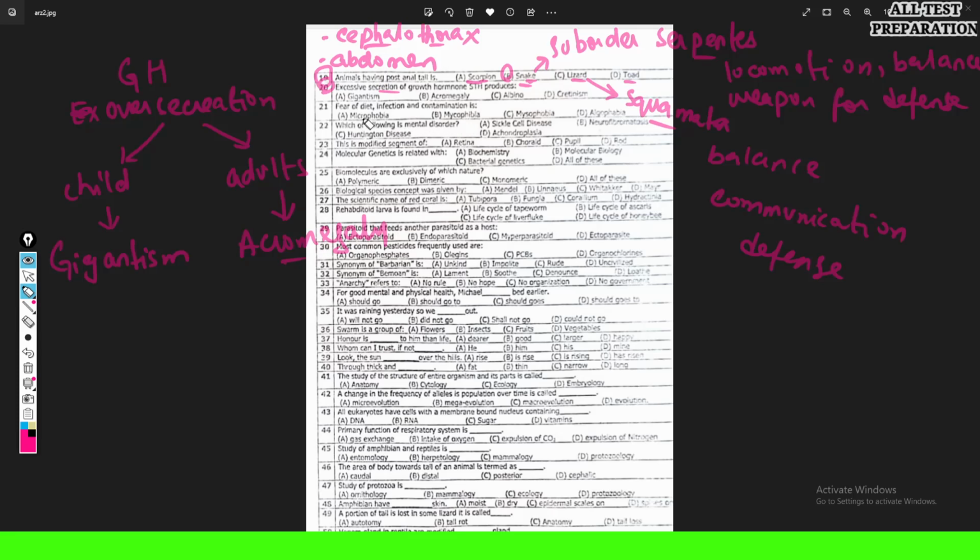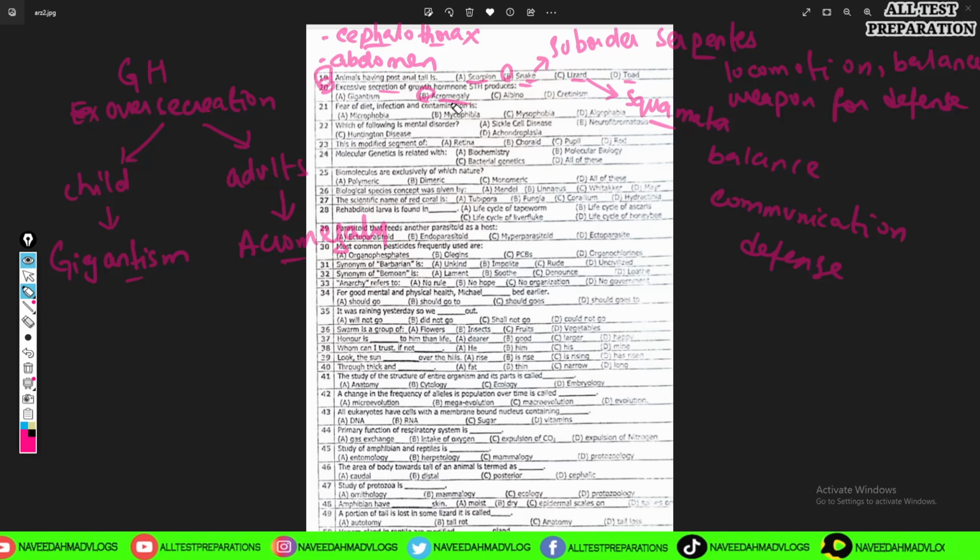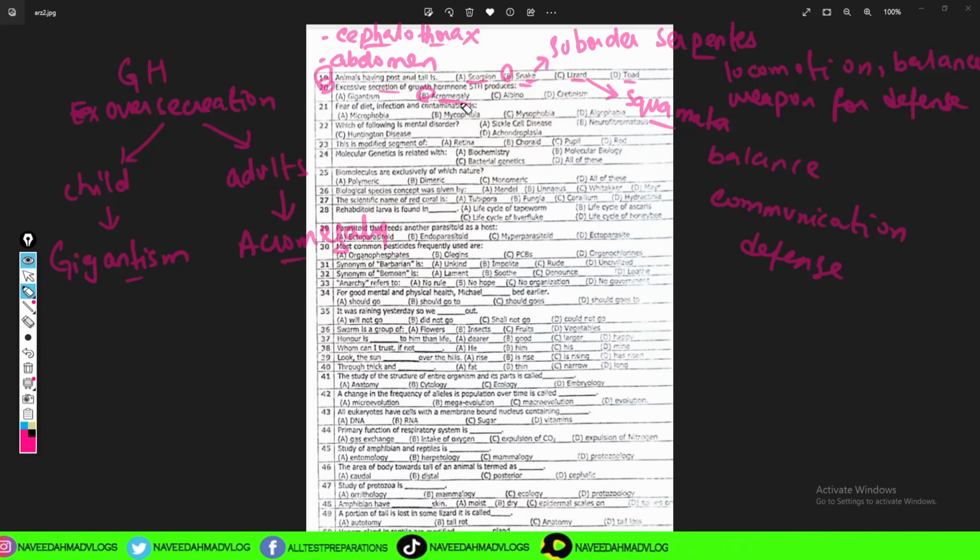But both of the options are given in this question, that gigantism is also present, while acromegaly is also present. So I think option B is the correct option, acromegaly, that excessive secretion of growth hormone STH produces acromegaly, because this is the adult case, not the childhood case.